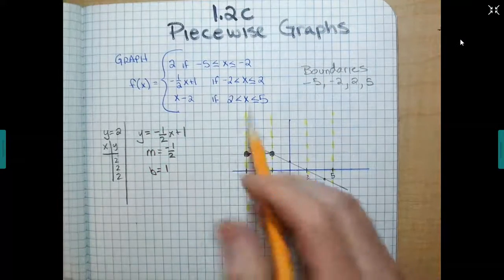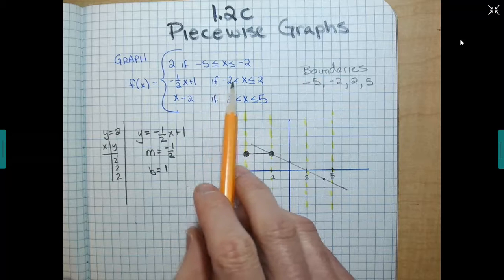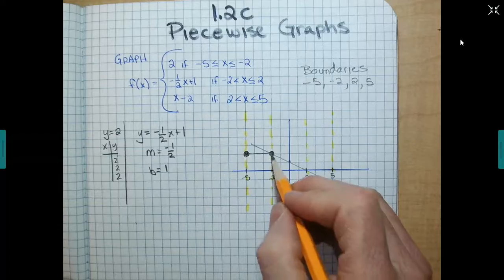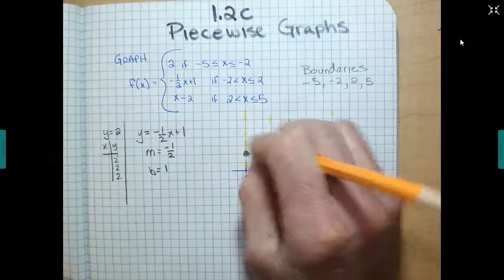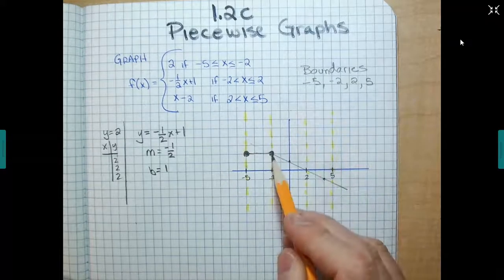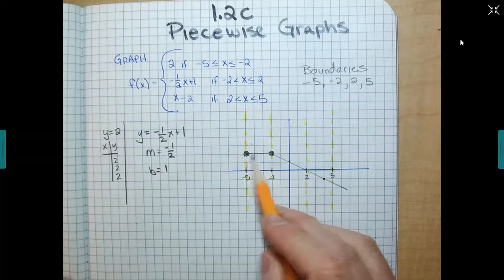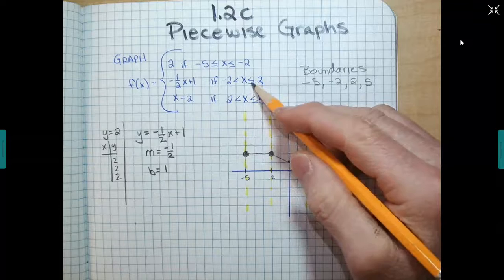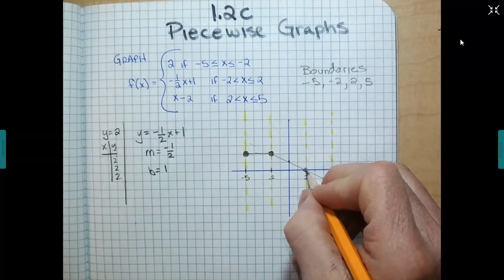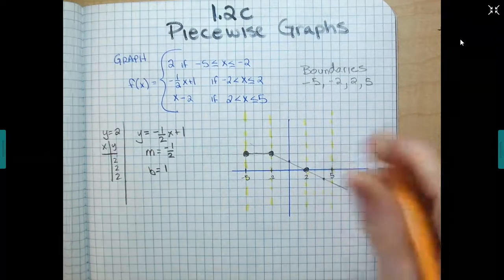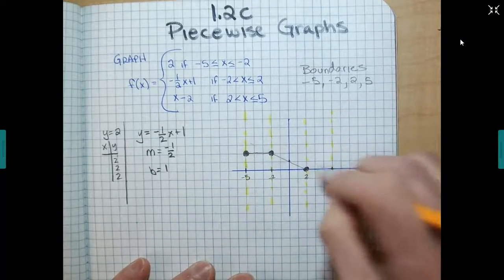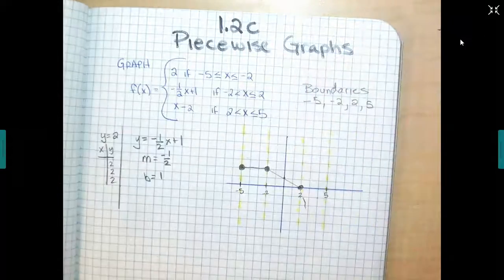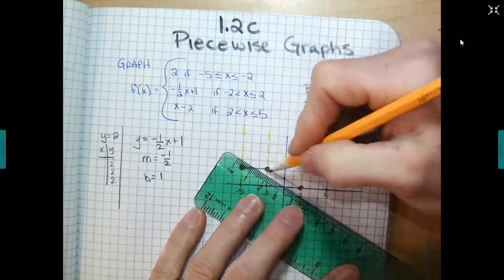So there's my line, but I want to see what my parameters are. x is greater than -2, so here's -2, and it'll be an open circle for this line. It's a closed circle for the previous line, but an open circle for this line. And x is less than or equal to 2, so this one is a closed circle, and I get rid of the line on this side. So there's my second function.